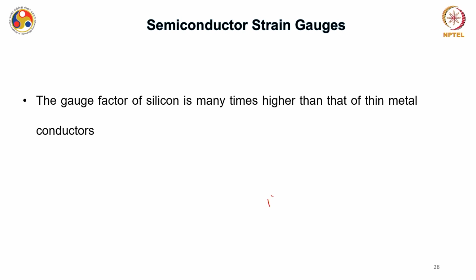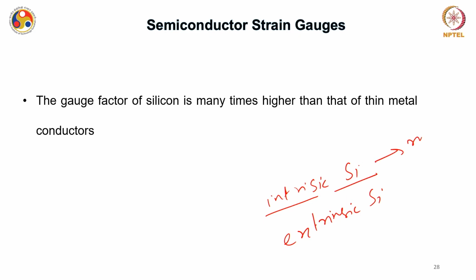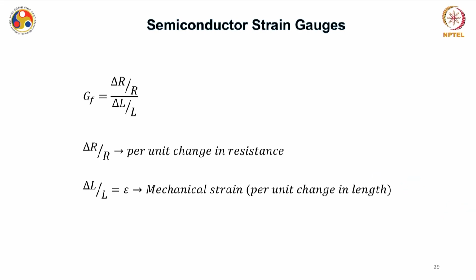When I say intrinsic silicon, it means that it is not doped, and extrinsic silicon is doped. Either you have made a p-type silicon or an n-type silicon. Even for p-type and n-type, you have different gauge factors.